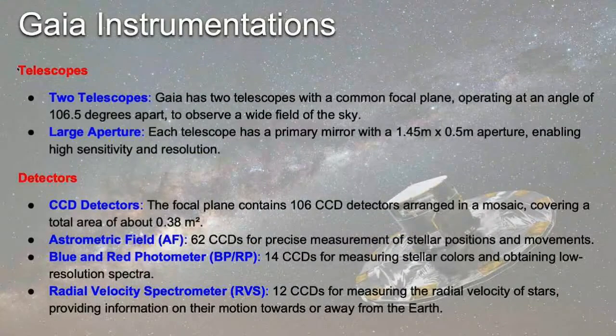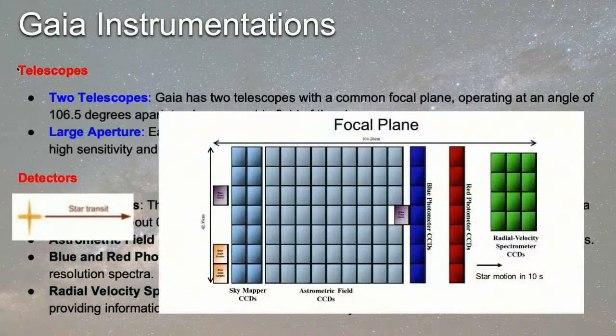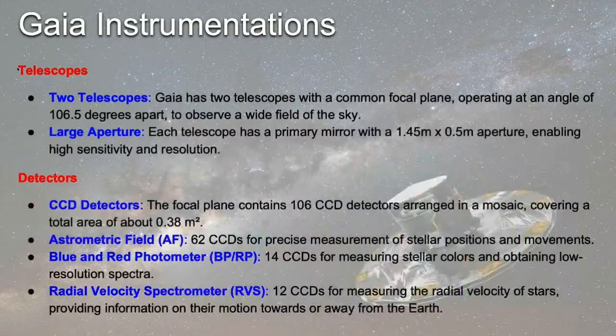Each telescope has a primary mirror with a 1.45 by 0.5 meter aperture. The focal plane contains 106 CCDs, with 62 CCDs for the precise measuring of stellar position and movement.